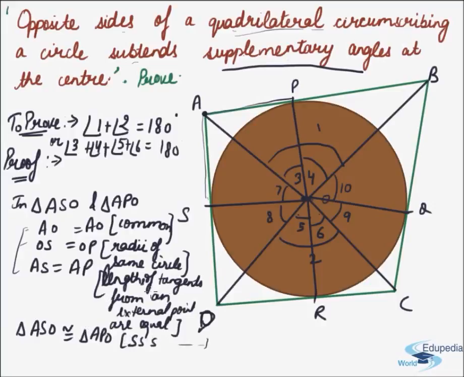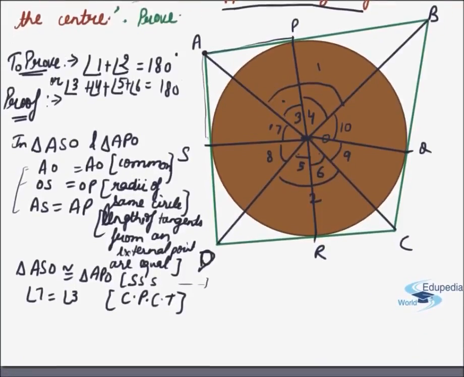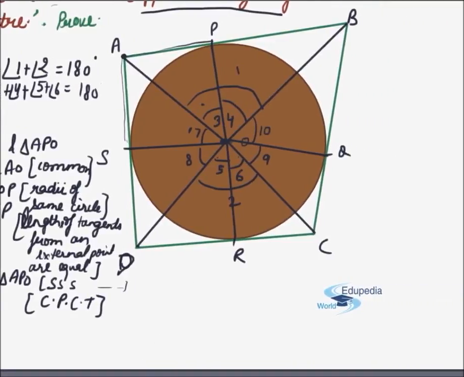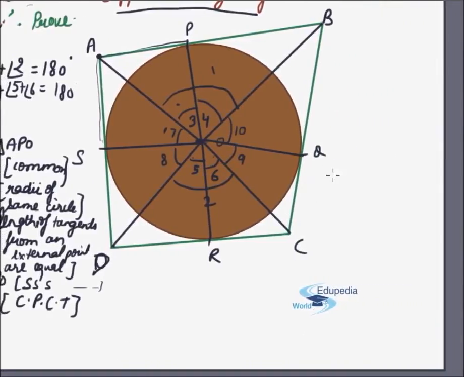Once the triangles are congruent, by corresponding parts of congruent triangles, we can say that the corresponding angles, that is 7 and 3, are equal. Thus we have concluded that angle 7 is equal to angle 3.